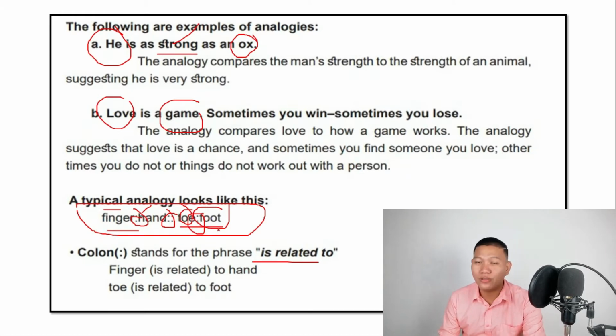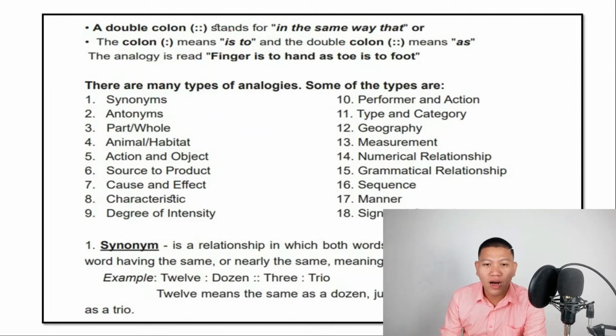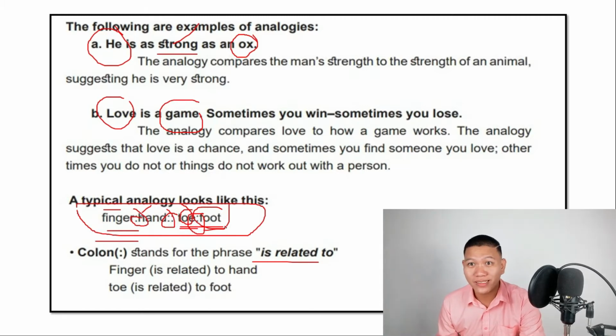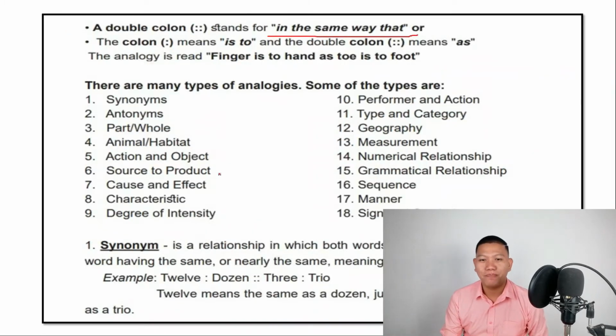Toe is related to foot. What about when there are two colons? How do we read it? So a double colon stands for in the same way that. So we can read it finger is to hand in the same way that toe is to foot. So that's how we read them.